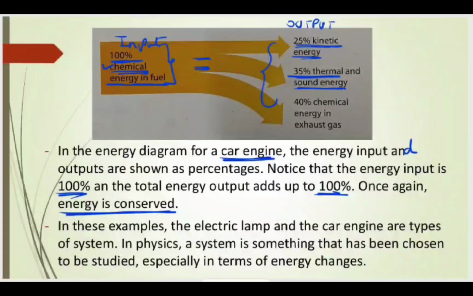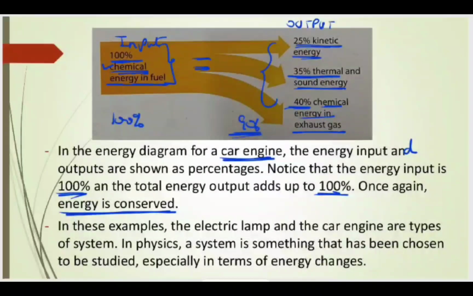And then 40% of chemical energy is in the exhaust gas, given out through the exhaust. Add it up, children, you will realize that input is equal to output. Always. It's never the case that I put in 100% but output is only 90%.